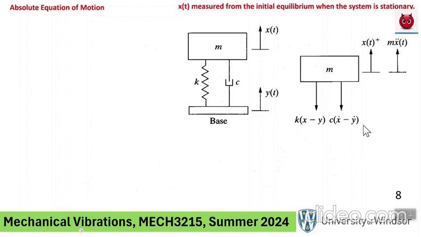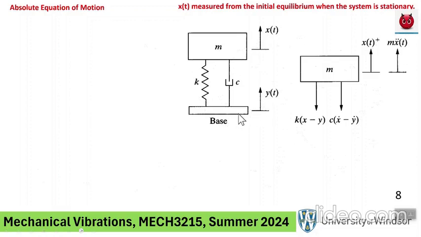So what happens? The mass is moving by the amount x of t in general, up or down, we don't know, we write up. And the resisting forces are coming from the spring and the damper. And how do we know what they are? The resisting force in the spring is the stiffness of the spring times the amount of the stretching or compression, which is x minus y, because the y is moving too.